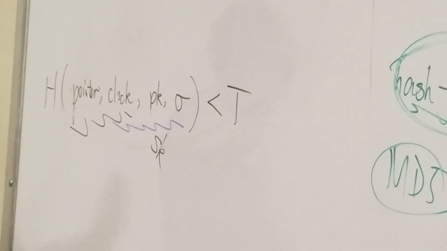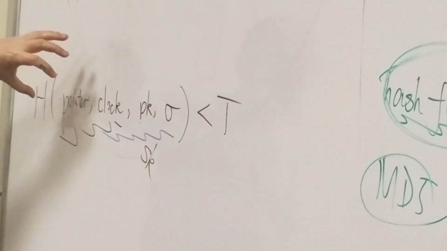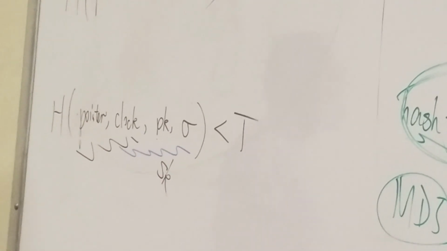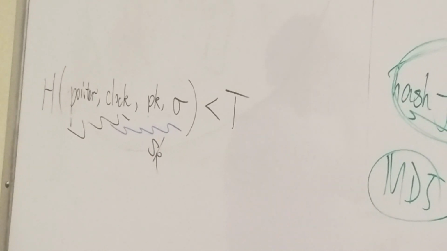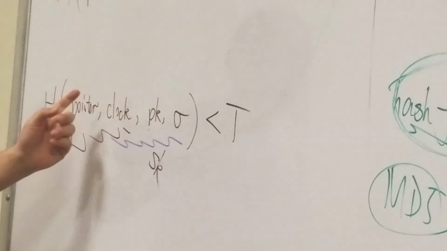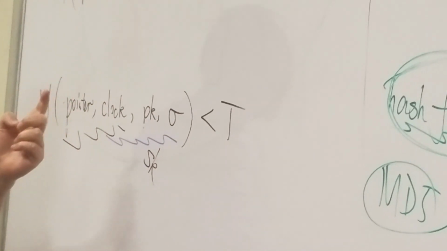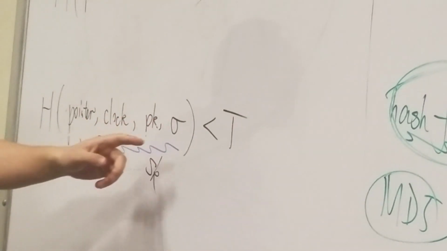This is a block; I simplified it a little bit. If I'm lucky, this inequality will hold, and I will release this to the world. Then you guys can easily check. Oh, it's good, because you know my public key.